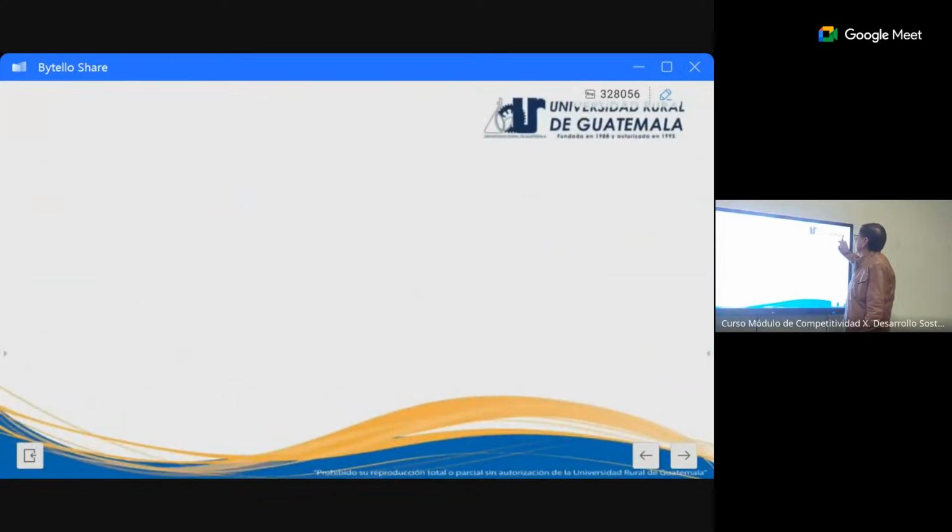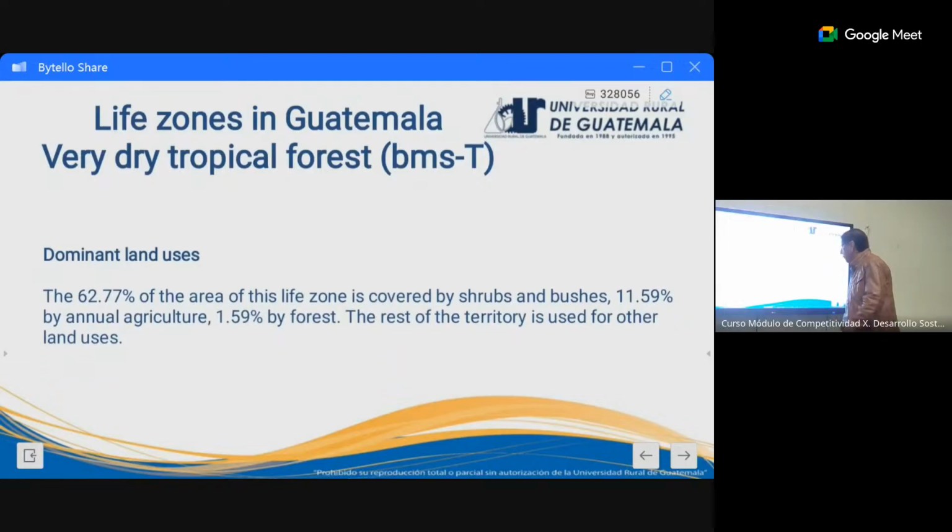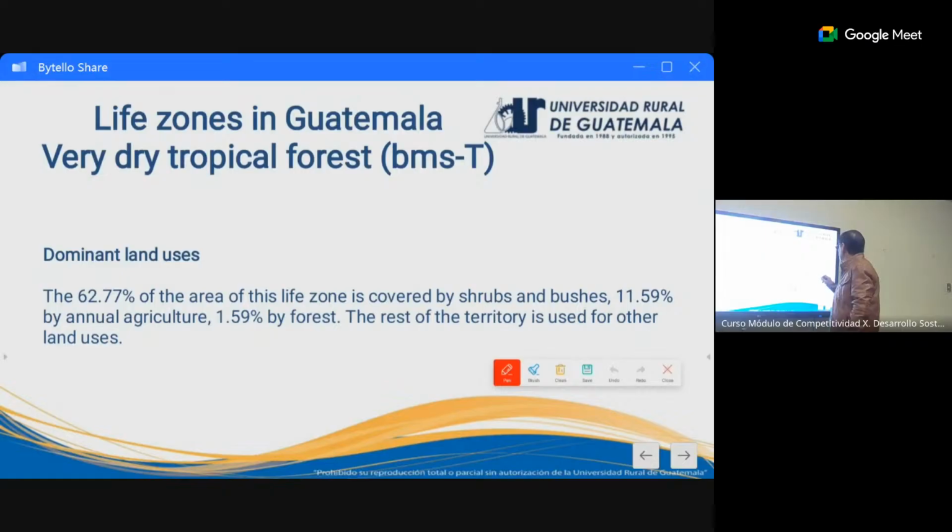Let's check the dominant land uses, that refers to the different ways that people have in order to use this land. 62.77% of the area of this life zone is covered by shrubs and bushes, as I said before, shrubs and bushes. 11.59% by animal agriculture.